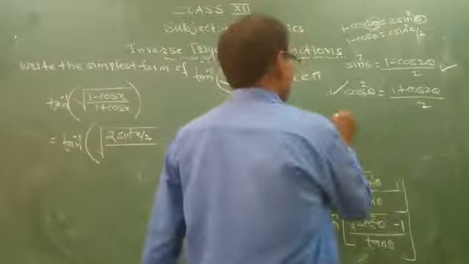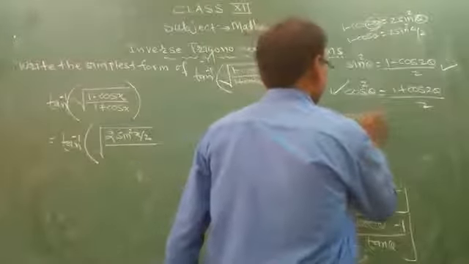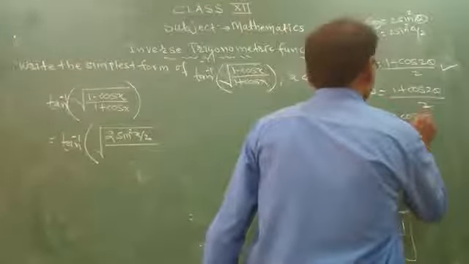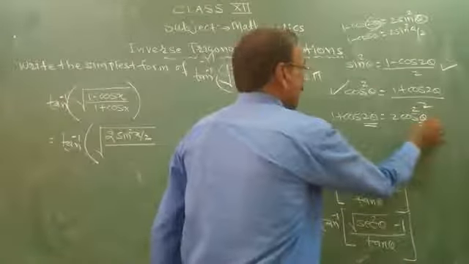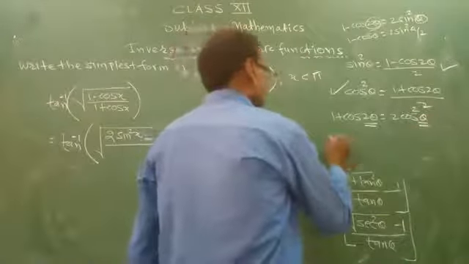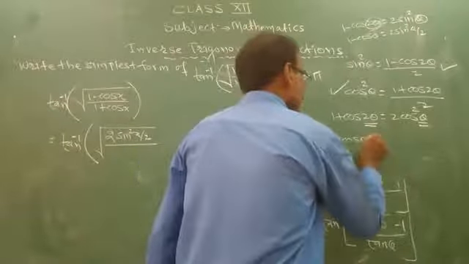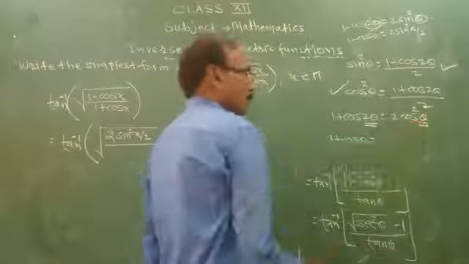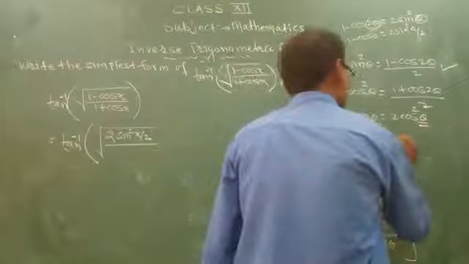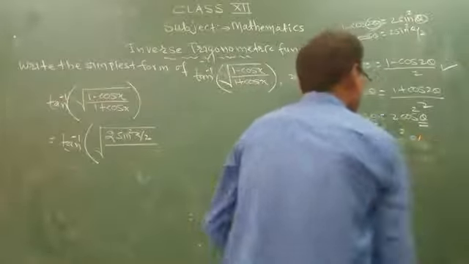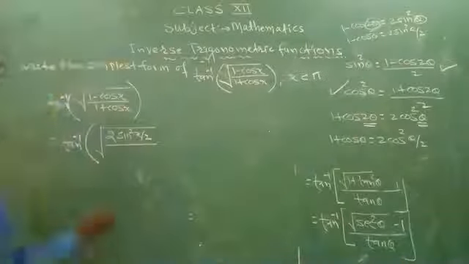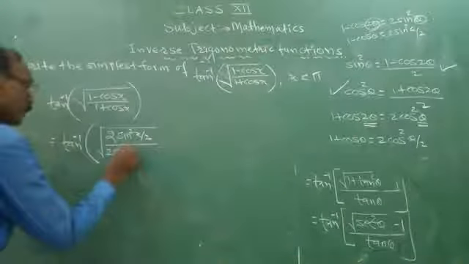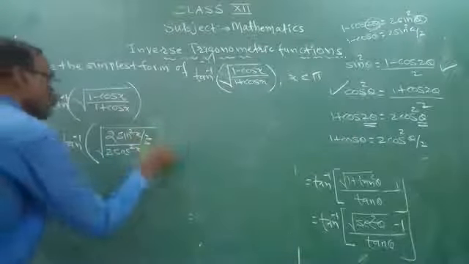So 1 plus cos 2 theta is twice cos square theta. If it is 2 theta, here it is half of the angle. So 1 plus cos theta is 2 cos square theta by 2. So 1 plus cos x is 2 cos square x by 2.